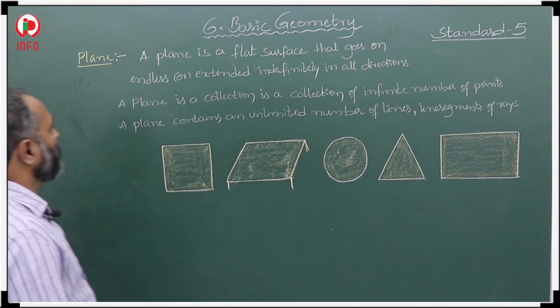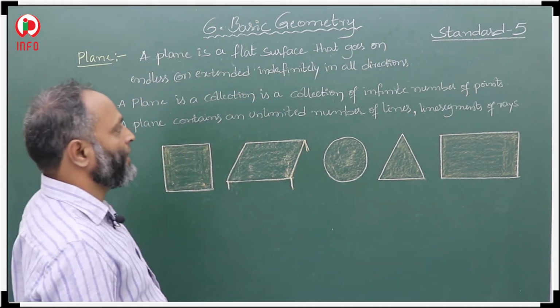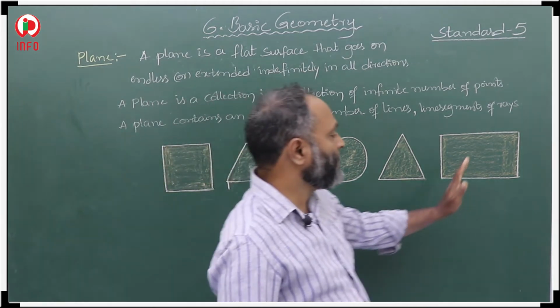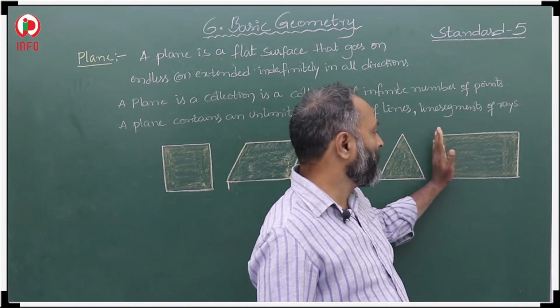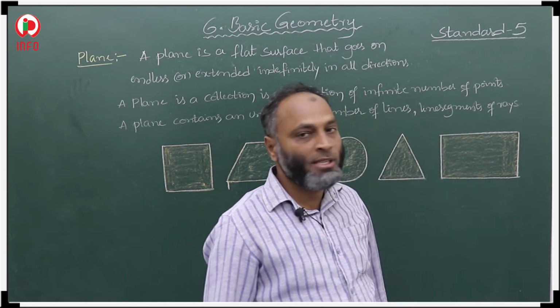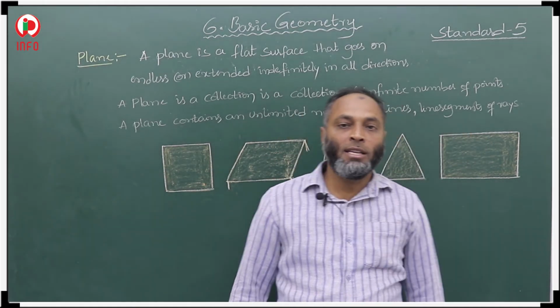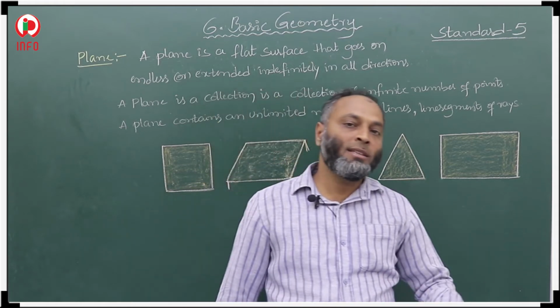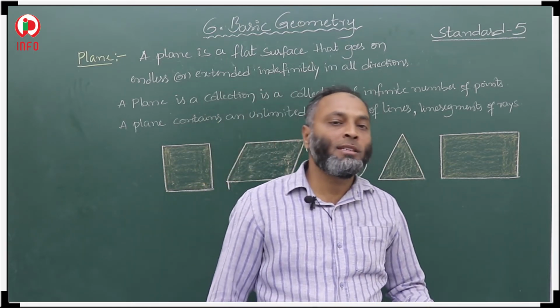Then it goes endless, or extends infinitely in all directions. If we extend from here, top and bottom, we make a surface area in a rectangular shape. In some cases it is not endless, in some cases it is endless.